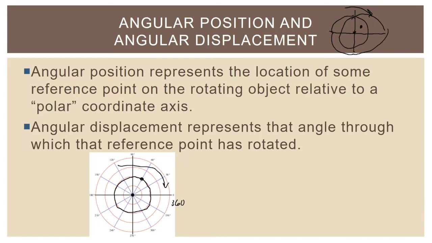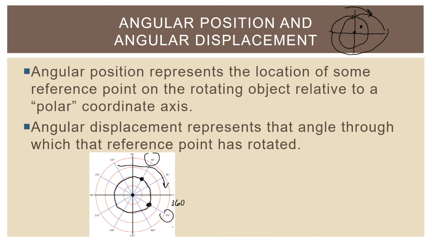Let's say this is our reference point. We would say the angular position here, you can just tell by looking, would be 60 degrees. If eventually the thing has rotated to here, well, then its angular position would be 330 degrees. Or you could say negative 30 degrees, but that's not an extremely important distinction. Take a second to pause this video here and write that down. And when you hit play, we'll move on.